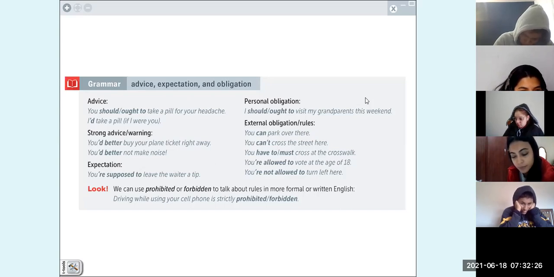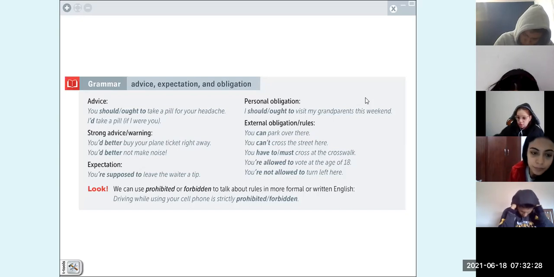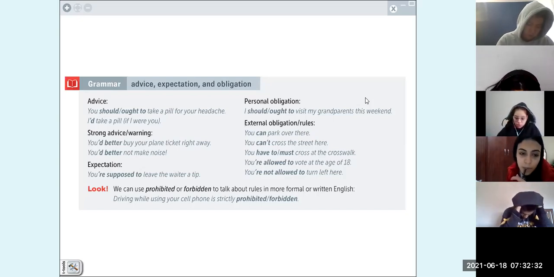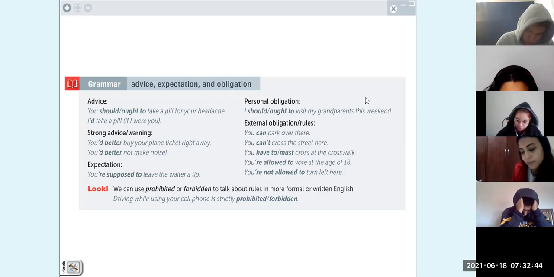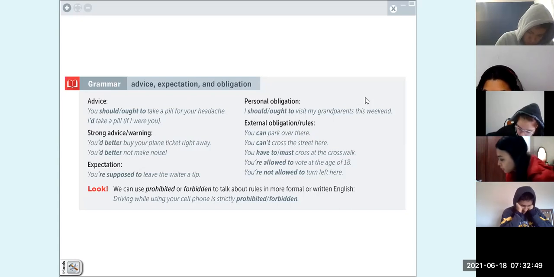What about expectations? Something that we expect your partners to do. Okay, for example, you are supposed to leave the waiter a tip. For example, I can say you are supposed to attend the classes. You are supposed to do your homework, right?